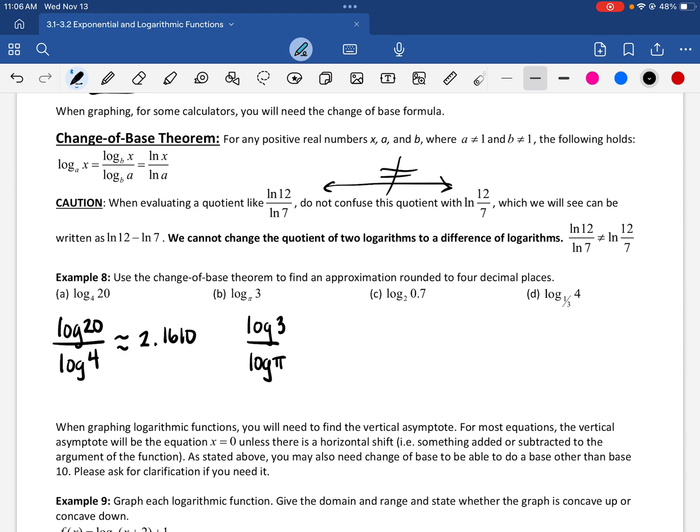So this would be log of 3 divided by log of pi, and that comes out to be 9.597 approximately. I'll leave those other two for you to try on your own. Like I said, I'm probably going to make a separate video to show you where some of those calculator buttons are located.